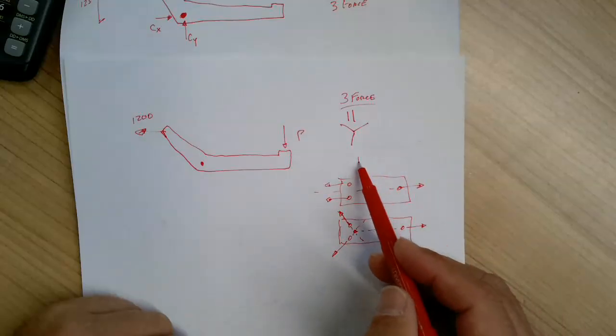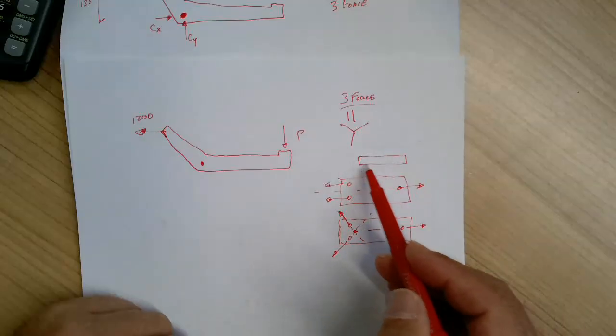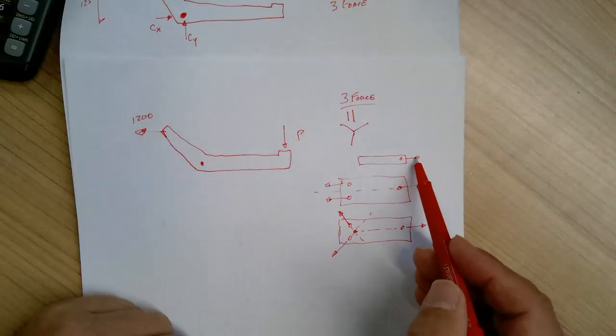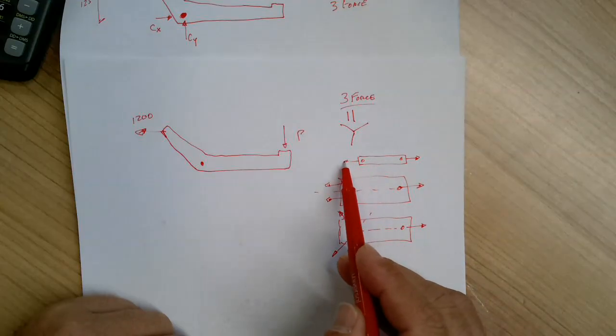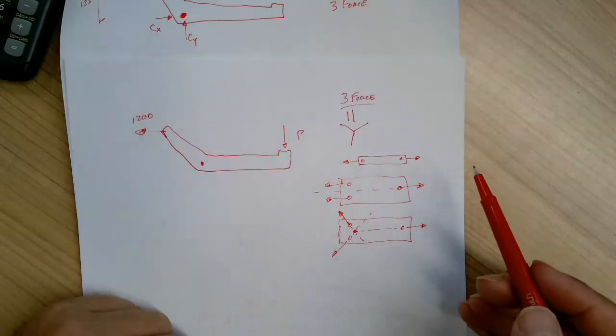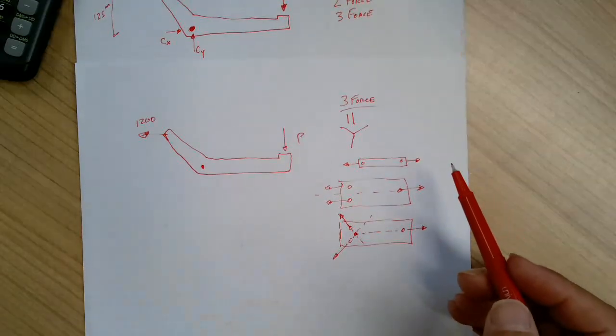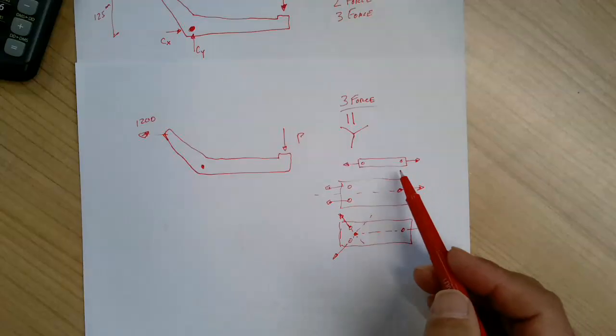So a 2/4 member just means if I have a member with one force on it, then the other force has to be equal but opposite, with only two forces acting on it.